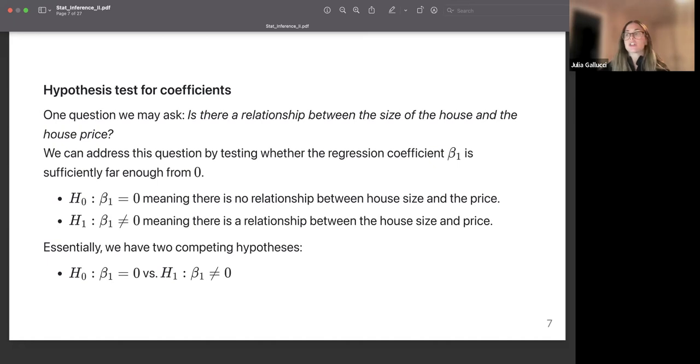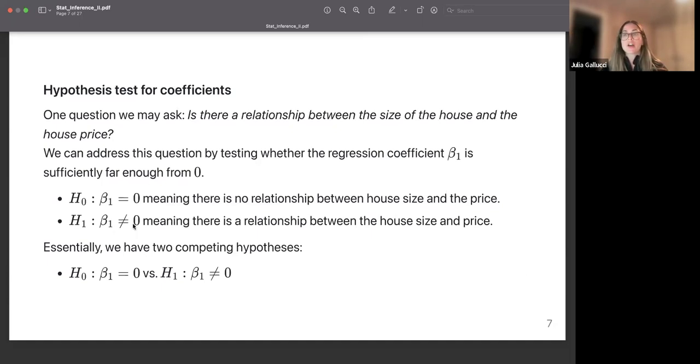The regression coefficient for house size would be denoted as beta 1, as we talked about. Here the null hypothesis would be beta 1 is equal to 0. This would mean there's no relationship between house size and house price. In other words, the slope is 0. The house price doesn't change per each unit increase in house size.